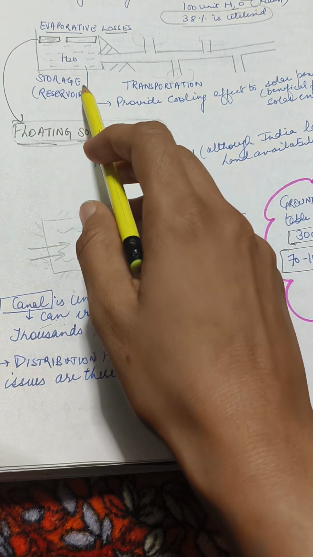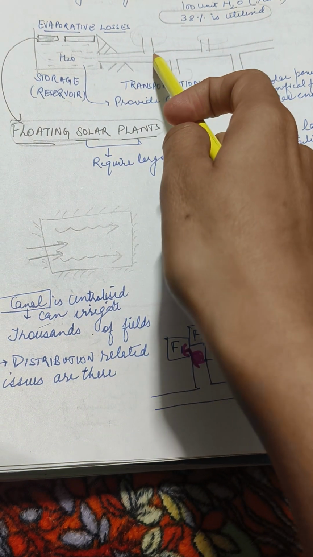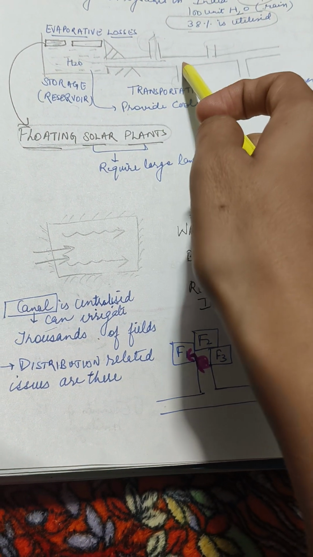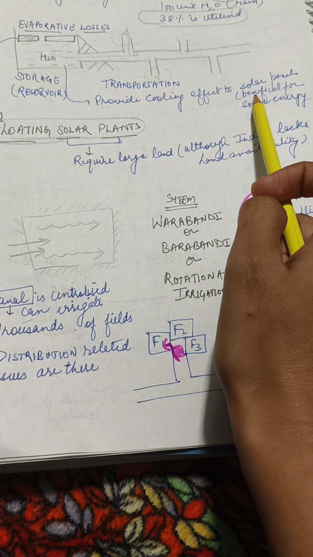Okay. So the storage water tank is here, where the water comes and is distributed to different outlets.